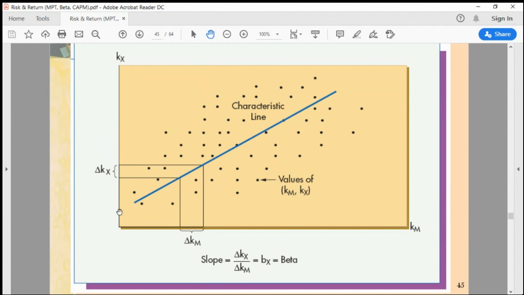Because we're using the past data, you can tell the past has already happened. So in the past, when the market return was at this level, what happened in reality was stock X return was actually this. Or even here, in the past, when the market return was this level, stock X's return had three different variations, right? At one point it was like this, another point it was like this.